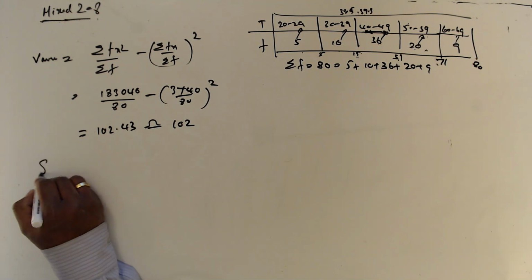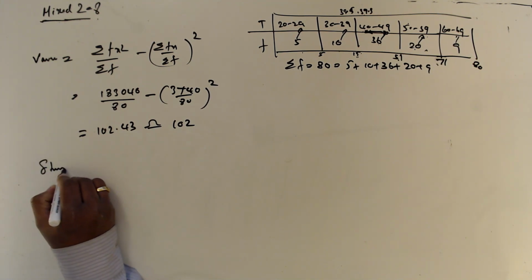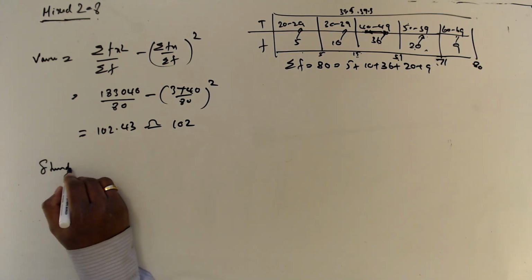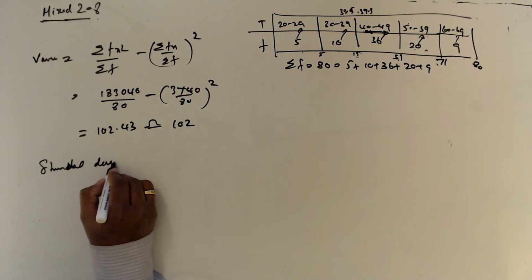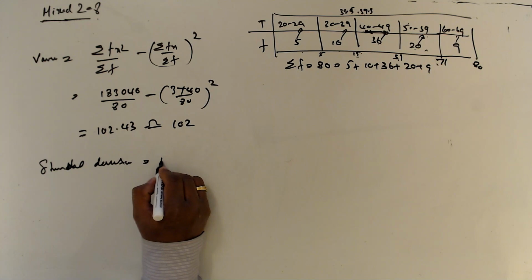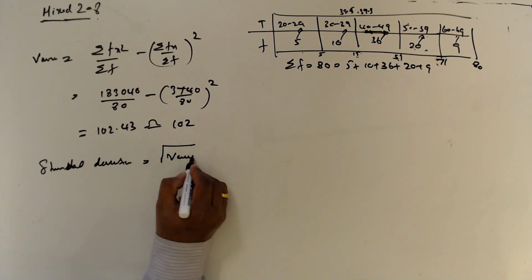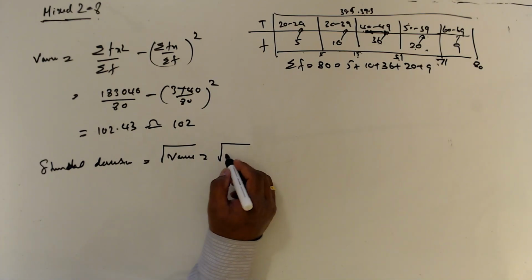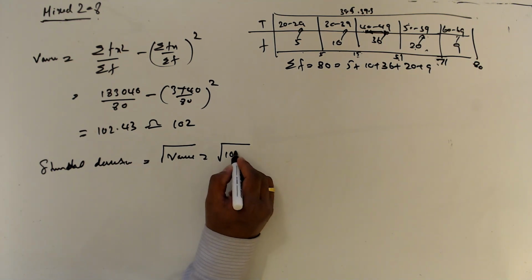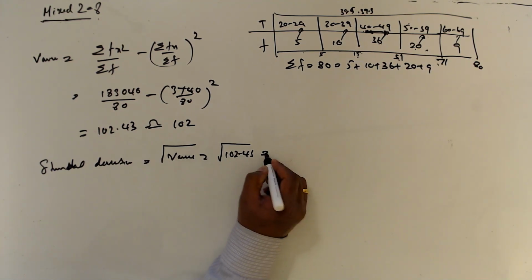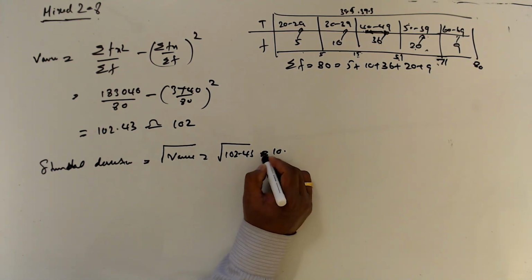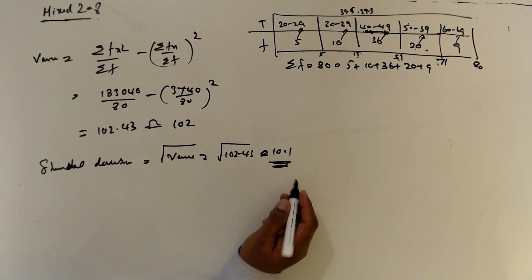Then standard deviation is the square root of the variance. The variance is 102.43, so the standard deviation is approximately 10.1.